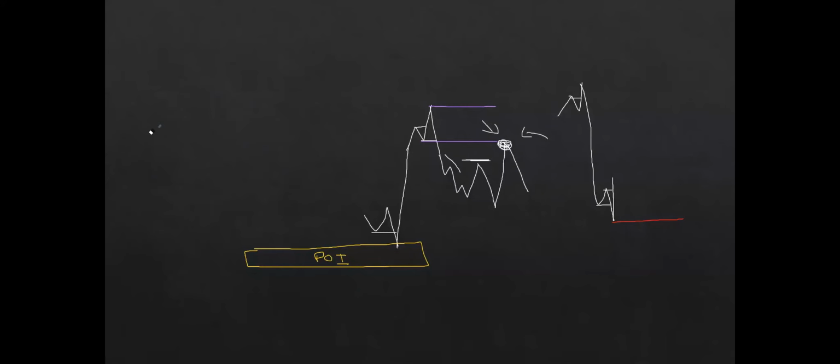So in this scenario, we have internal liquidity and inducement feeding into this unmitigated strong high. In this scenario here, it's considered a strong high. Right? And the overall picture is a weak high.